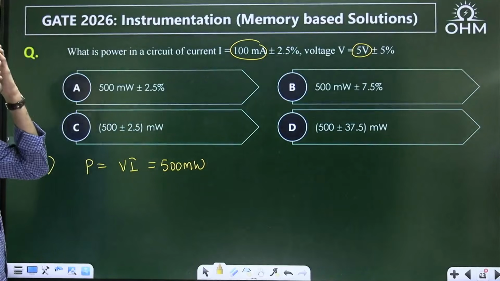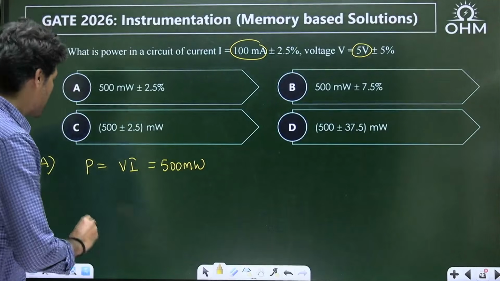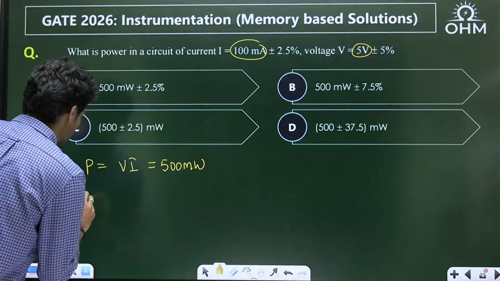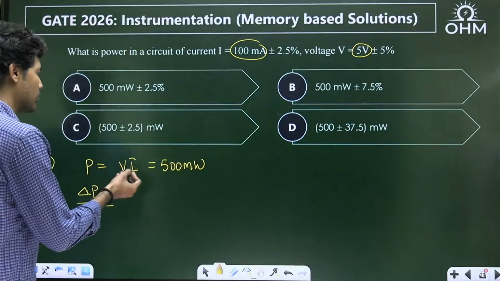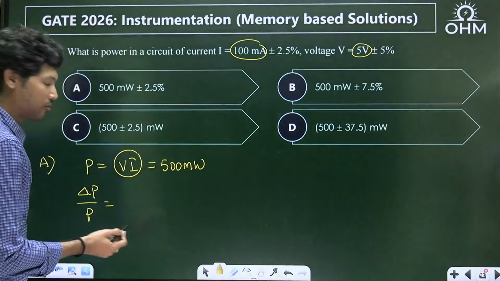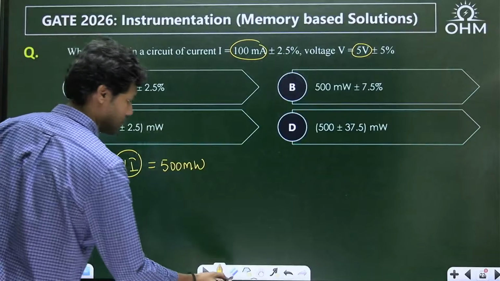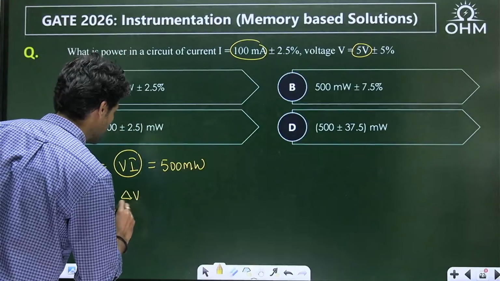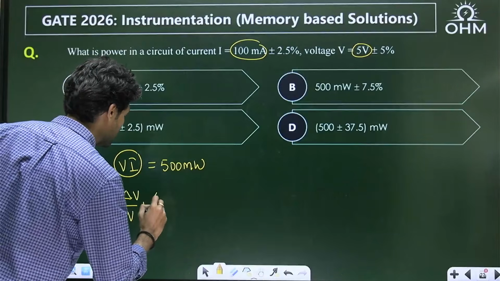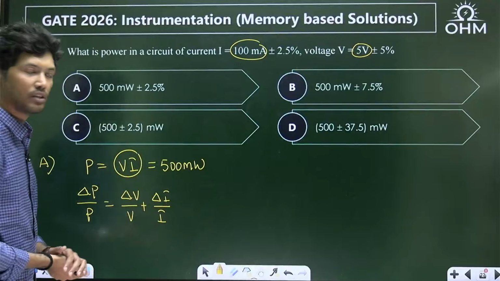The problem is in finding out the percentage error in power. How much is the percentage error in power? Del P by P. Okay, how much is that value? Since both of these terms are in product format, it becomes equal to del V by V plus del I by I. If you multiply by 100, it is the percentage error on both sides.